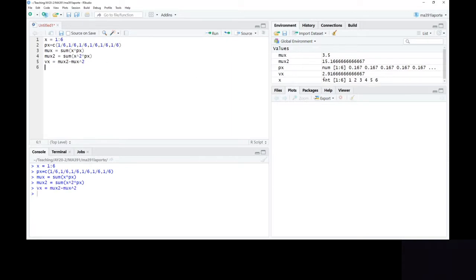That should be the 2.91 number. And then sigma x equals the square root of that, and that's the 1.707. Okay, looks like we are getting all the same numbers that we talked about earlier that I got.